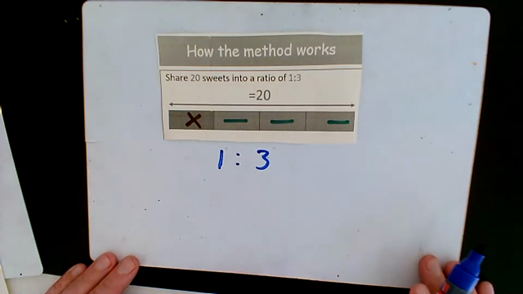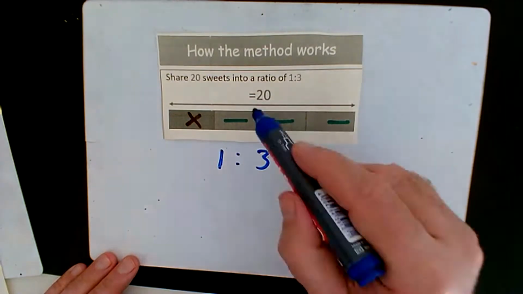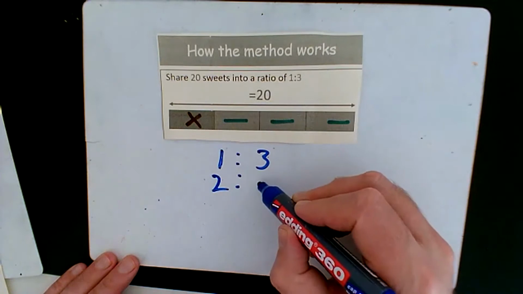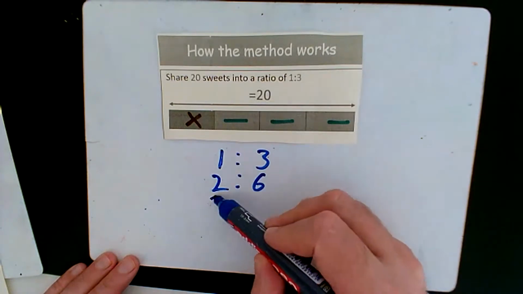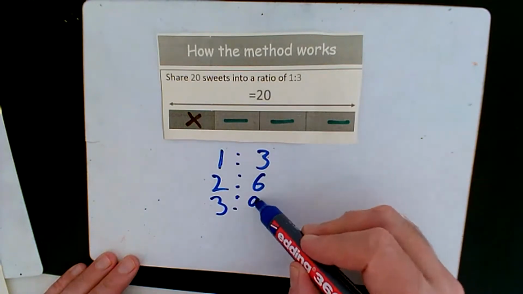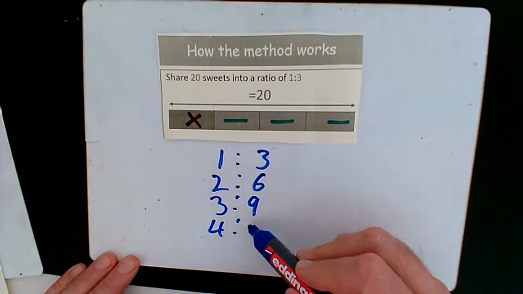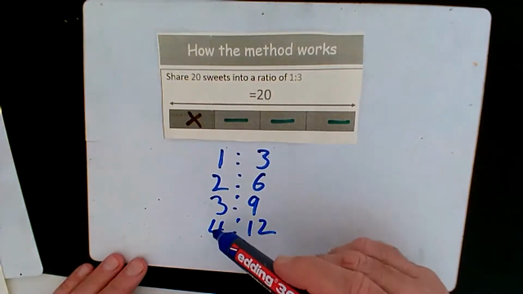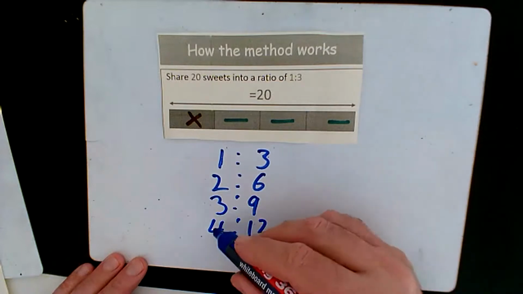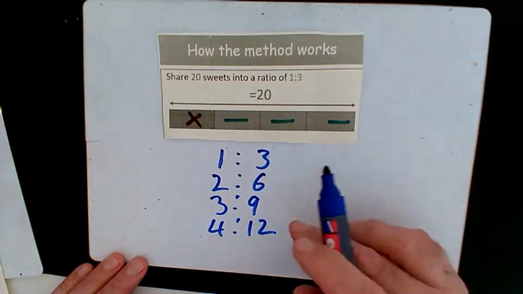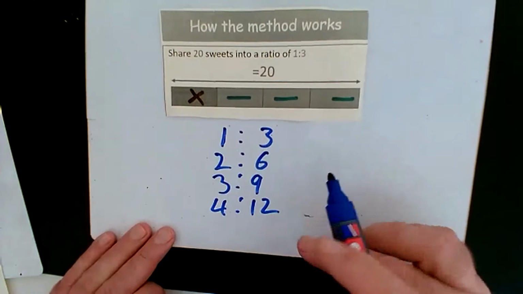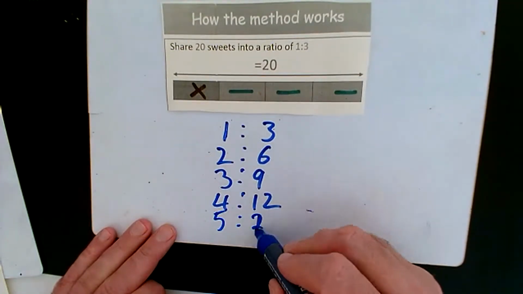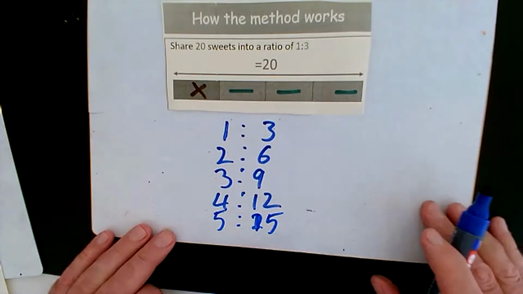Now, I've got a total of 20 sweets. So for every 2 I have, Marshall has 6. For every 3 I have, Marshall will have 9. For every 4 I have, Marshall will have 12. Now, I can't go any further, because this is all my sweets. Oh no, it's not. Sorry, I'll have 5 and Marshall will have 15.